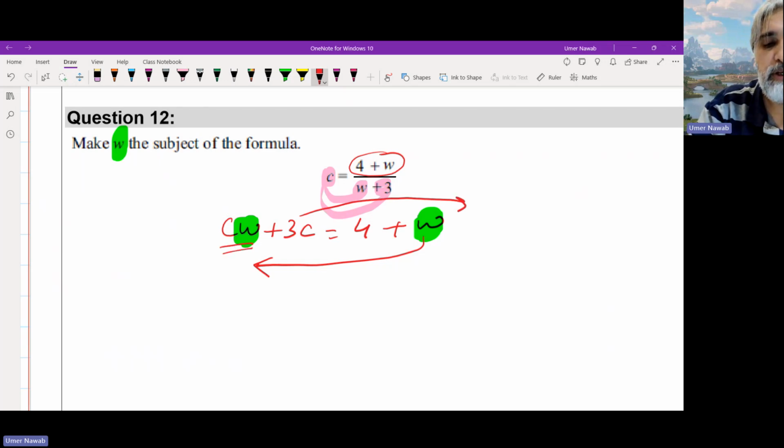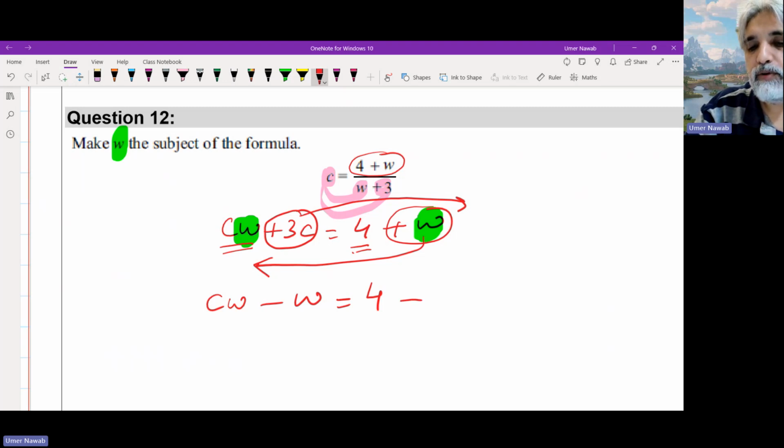So CW is already there, untouched, plus 3 plus W will be shifted to the left, and it becomes minus W. 4 is already there, but plus 3W will be shifted to the right, and now it becomes minus 3C. I'm very happy that I got all the W terms on one side.